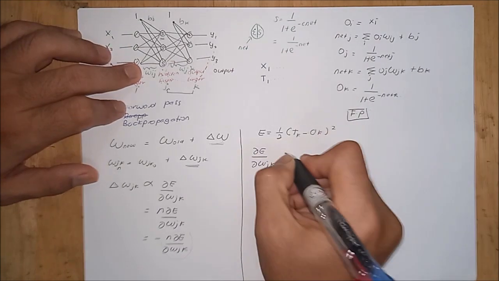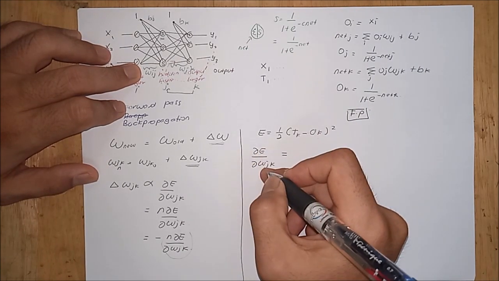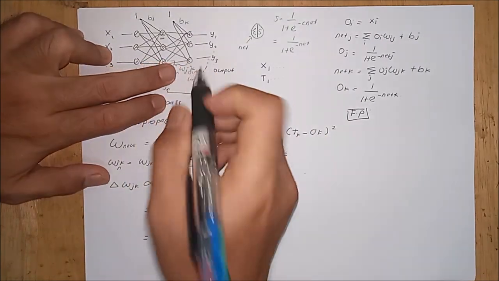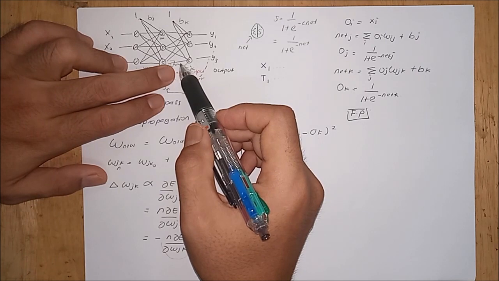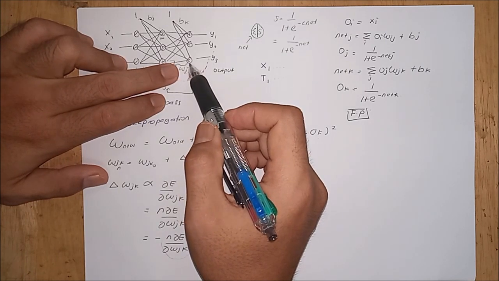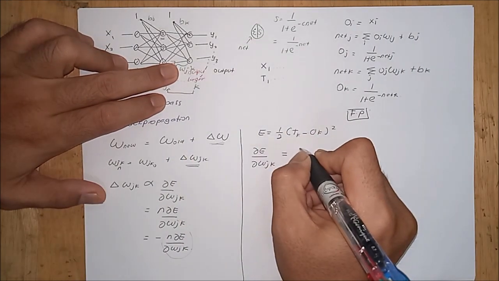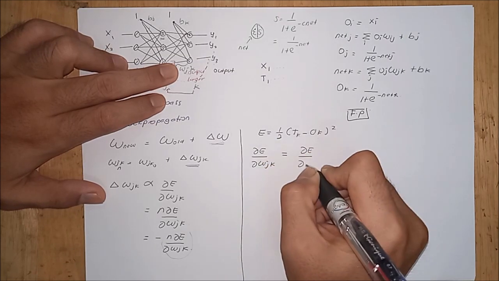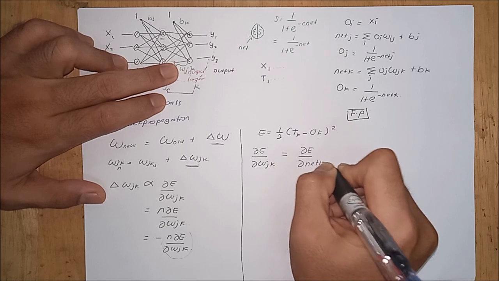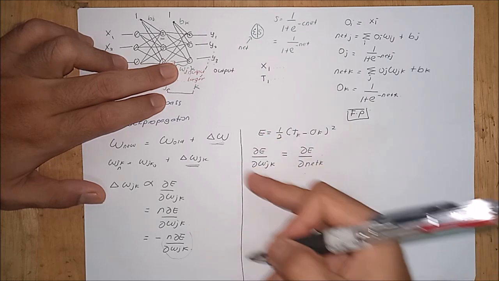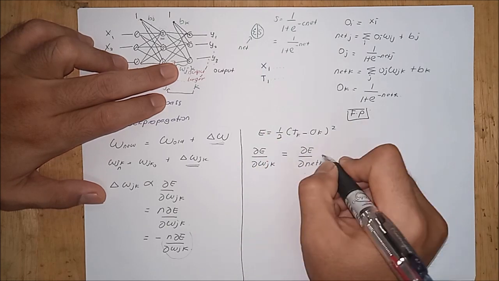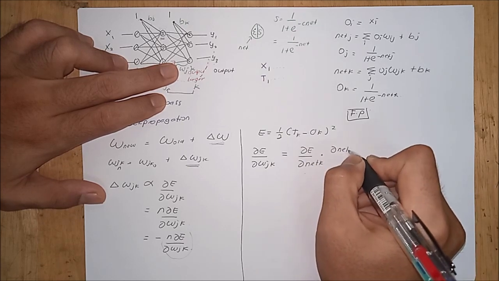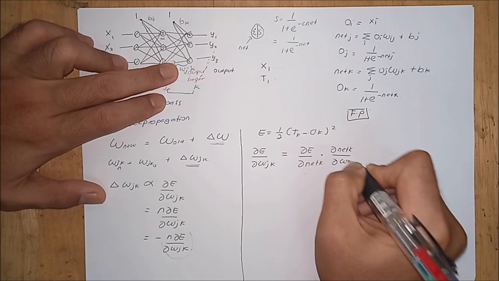So dE over dwjk can be defined as dE over d net k, since we meet net k before ok. Then, to recover the original equation, we multiply this partial derivative by d net k over dwjk.